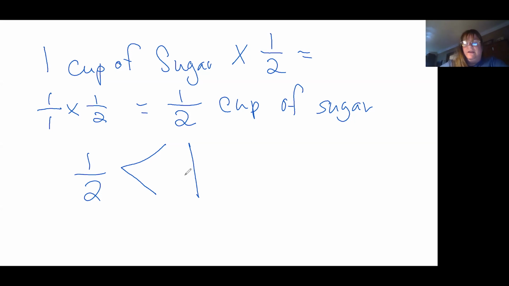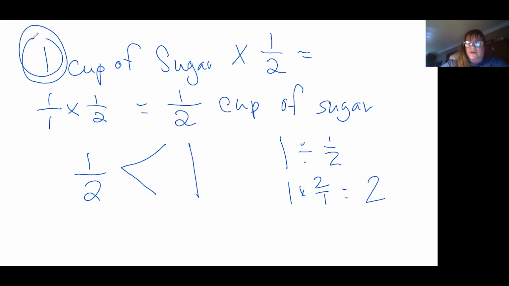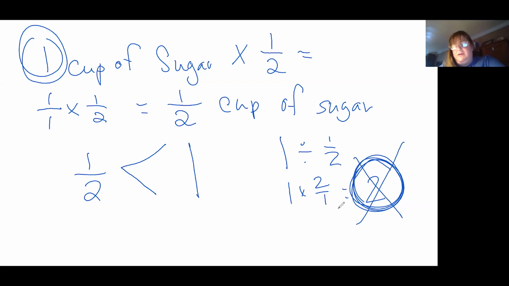If we had done it wrong, because a lot of people think that if you're going to halve the recipe, you would say 1 divided by 1/2. We know that we would end up flipping that and getting 2 cups. If we were making less cookies, we would know that this needing 2 cups would not make sense. So you don't want to make that mistake.